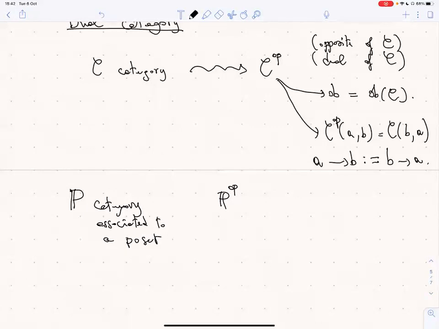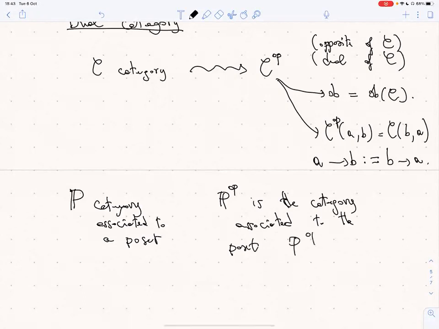Well, this is precisely the category associated to the poset P-op, which is the opposite poset, where we say that A is less than B if and only if B was less than A in the previous poset. So let's write this notation a little bit better.